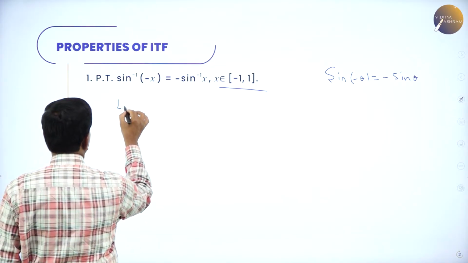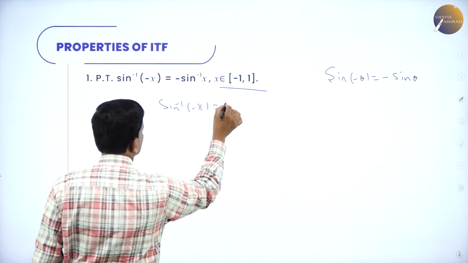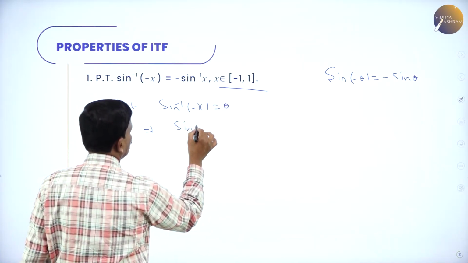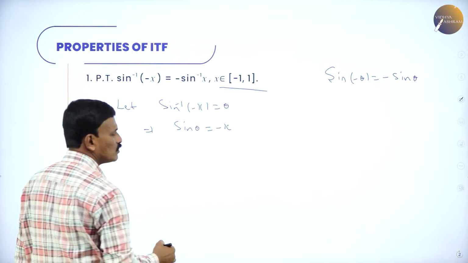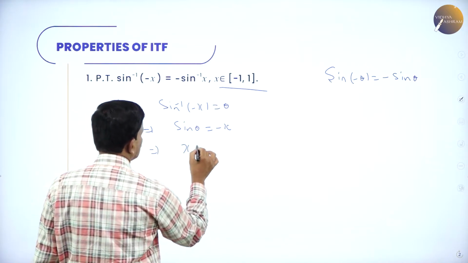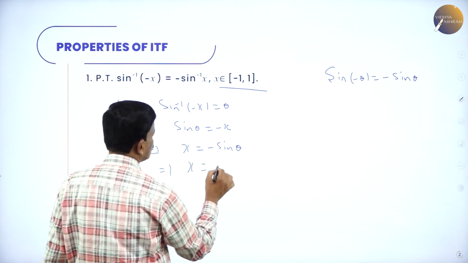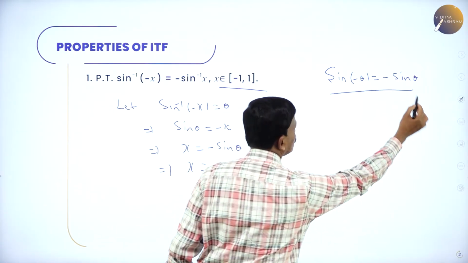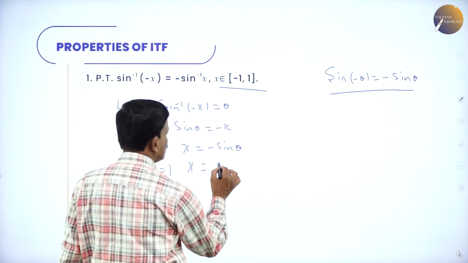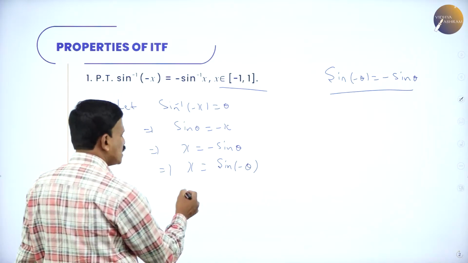Let sine inverse of minus x be equal to theta. Now this implies sine theta is equal to minus x, or I can write x is equal to minus sine theta, just multiply by negative sign. What is minus sine theta? Sine of minus theta is equal to minus sine theta. So this minus sine theta can be written as sine of minus theta. Now just take inverse for this.